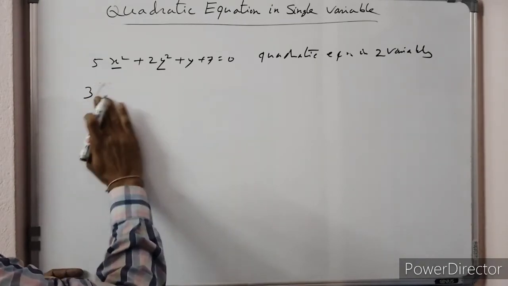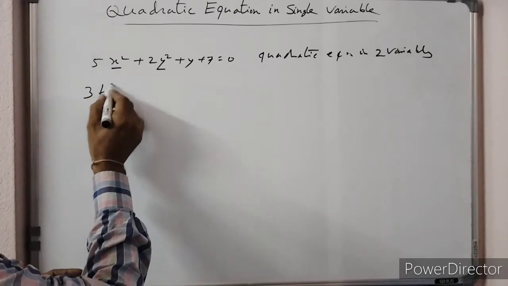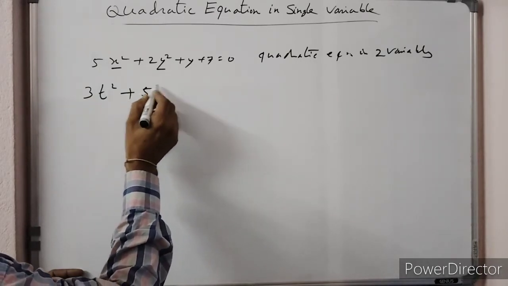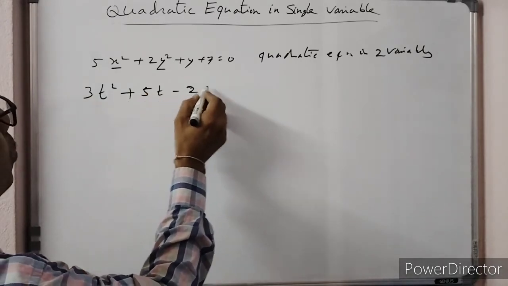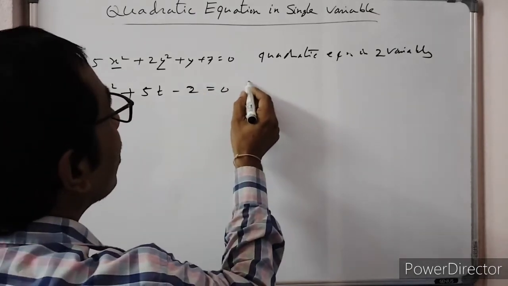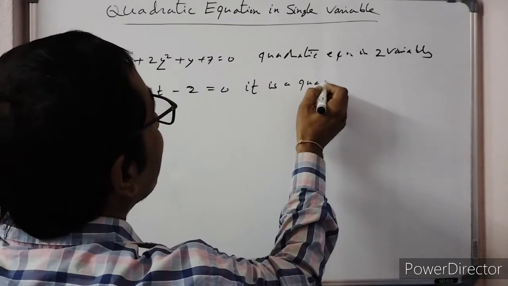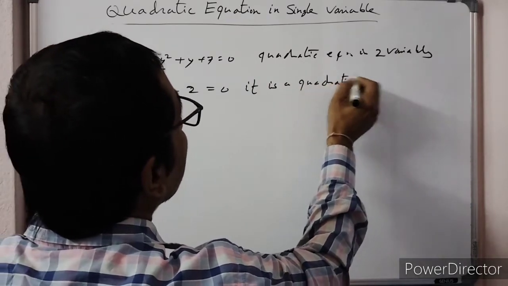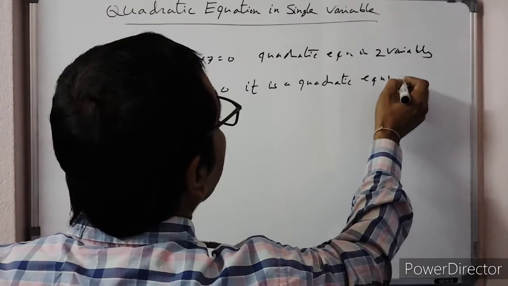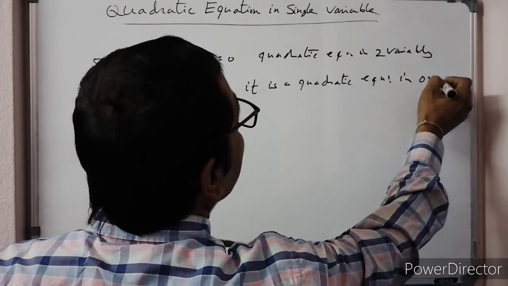Okay, next, 3t square plus 5t minus 2 equal to 0. It is a quadratic equation in one variable.